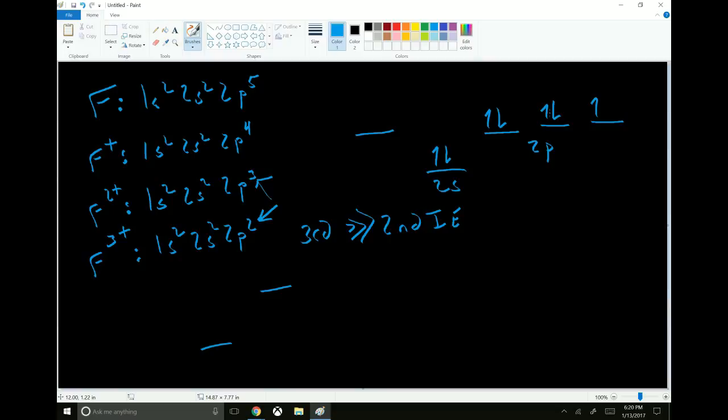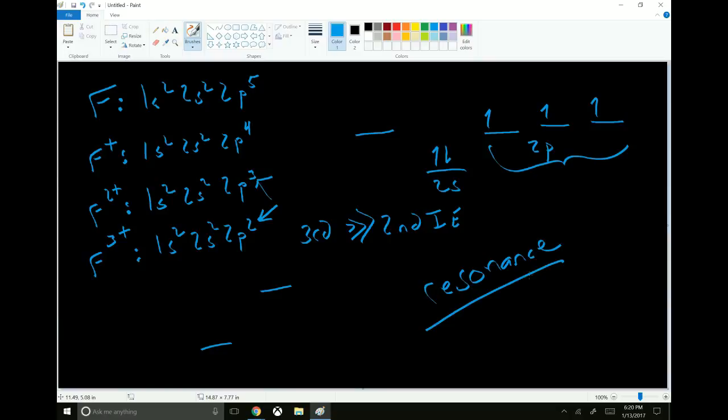You remove 1, you get to the first ionization energy here. You remove the second, and that's the second ionization energy. This is what you now see. For 1s2, 2s2, 2p3, you have a half-filled subshell. And remember, half full, these 3 guys are now all the same: 3 electrons all pointing in the same direction.